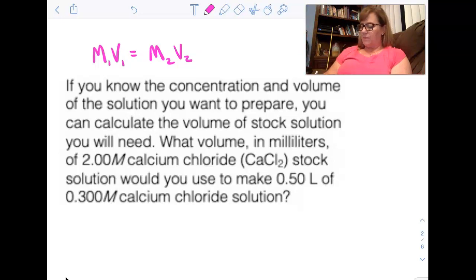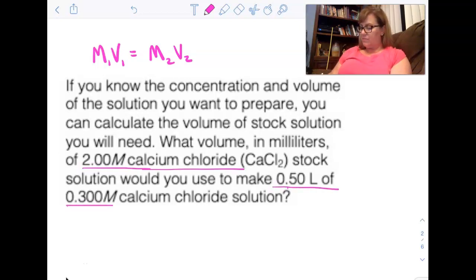So let's look at a problem. If you know the concentration and volume of the solution you want to prepare, you can calculate the volume of the stock solution you will need. So what volume in milliliters of a 2 molar calcium chloride solution would you use to make 0.5 liters of a 0.3 molar calcium chloride?